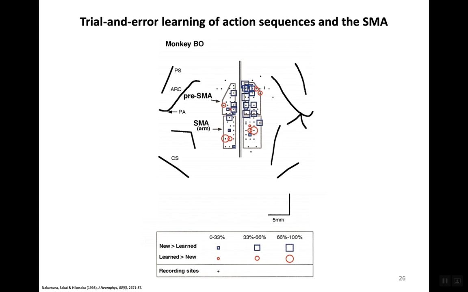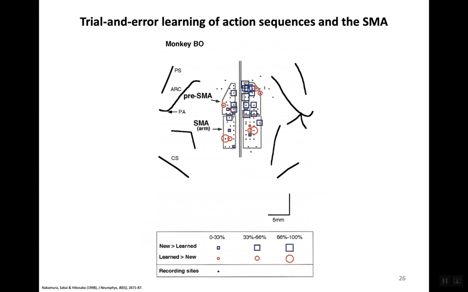And what was interesting about this study is that they didn't just look at this at one time point, but rather they assessed how the firing rate of different neurons changes over time in response to the acquisition of new motor skills. And it was interesting to see how some SMA neurons were relatively unresponsive while the monkey was learning a new sequence, but over time they became more and more responsive once the monkey became proficient at mastering and executing those movements.